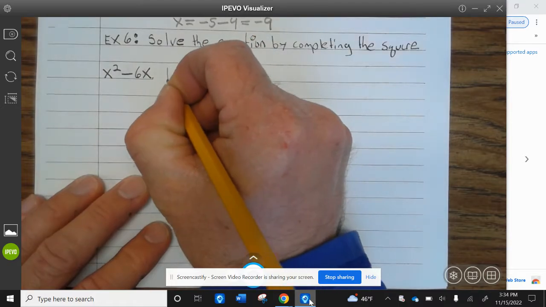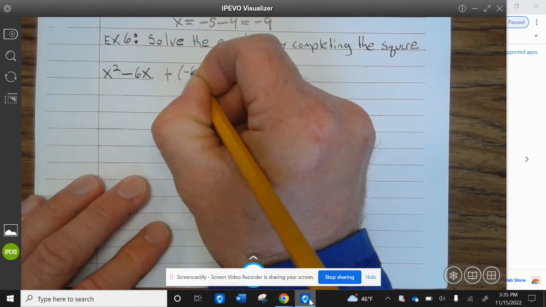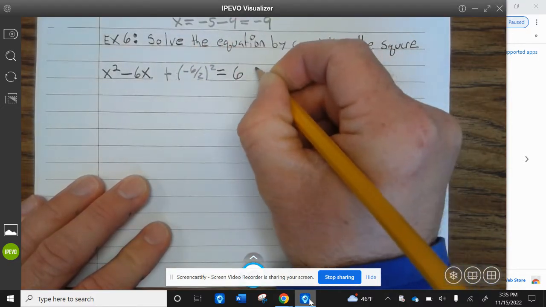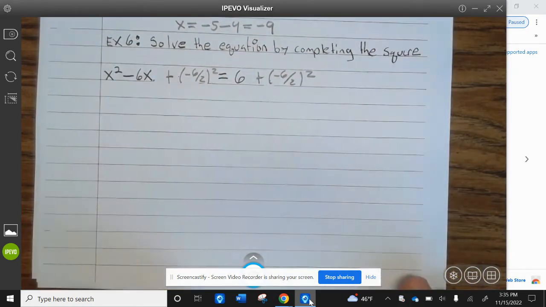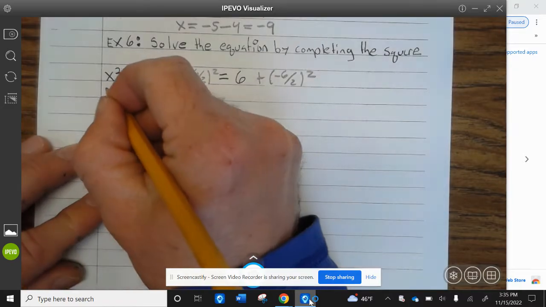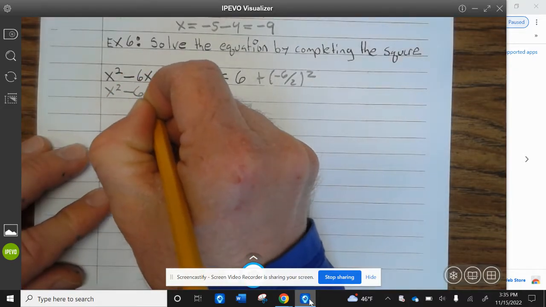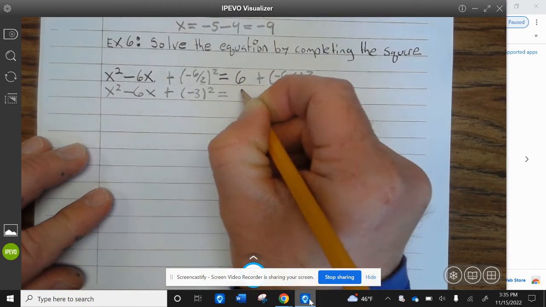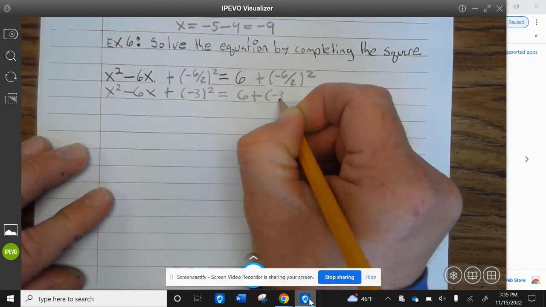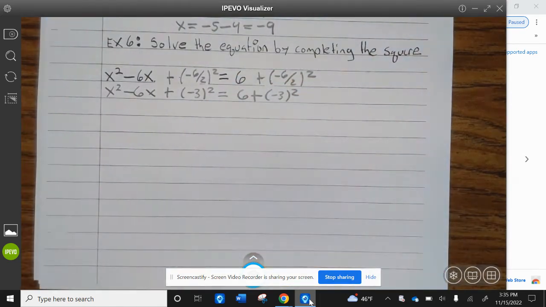So we're going to start by adding negative 6 divided by 2 squared to both sides. Okay, so then that's x squared minus 6x plus negative 3 squared equals 6 plus negative 3 squared.